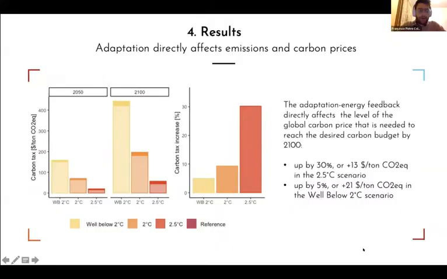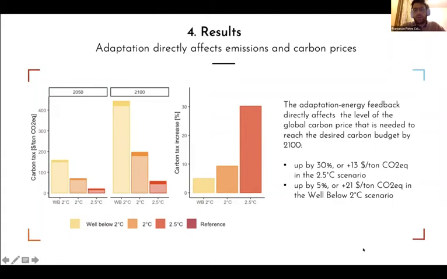And finally, another result is the modification of the mitigation policies of carbon tax. Here we only have the three scenarios with the fixed carbon budget, and we see that globally the carbon tax will increase by up to 30% in the 2.5 degree scenario, which is the one that, of course, has the highest emissions across the three scenarios and also entails a larger energy demand shock, and then a larger stress on the carbon policy in order to maintain the carbon budget stable.